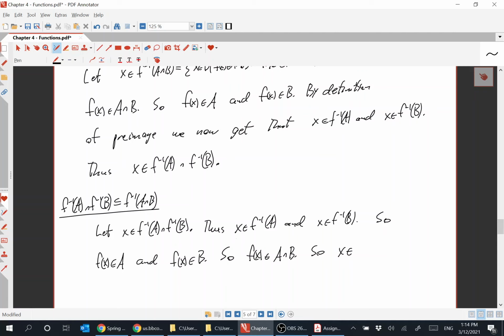Is it the preimage of A intersection B? Right, exactly. Yep, there it is.